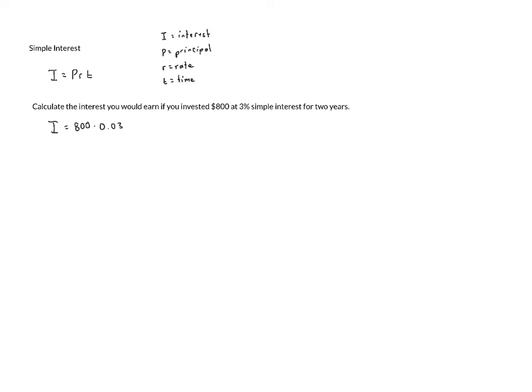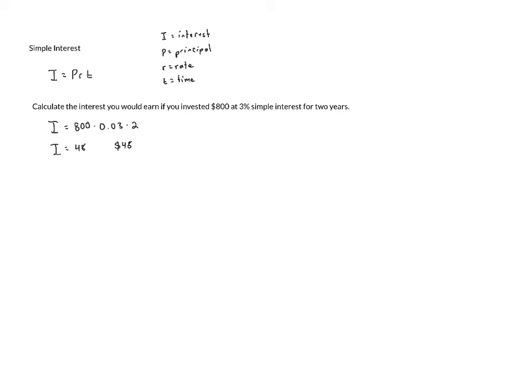We always move the decimal point 2 places to convert from a percent to a decimal. And then the time we're told is 2 years. So to calculate the interest, we have to multiply 800 times 0.03 times 2, and we end up getting 48. So you would earn $48 in interest on that investment after 2 years.